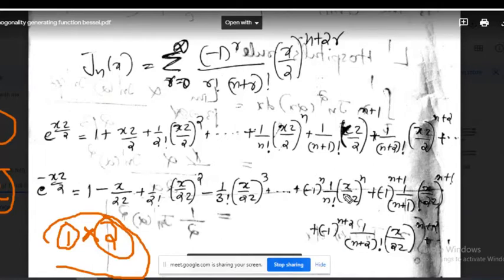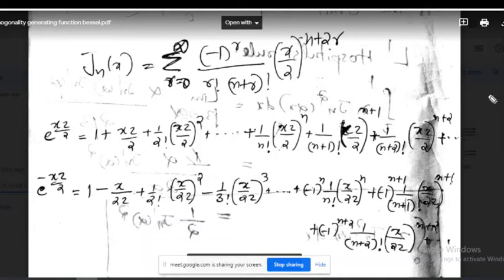As we multiply, this is a series in powers of z, and this is a series again in powers of z, in fact z to the minus 1, z to the minus 2, z to the minus 3, etc.